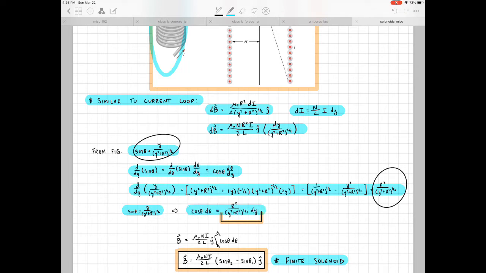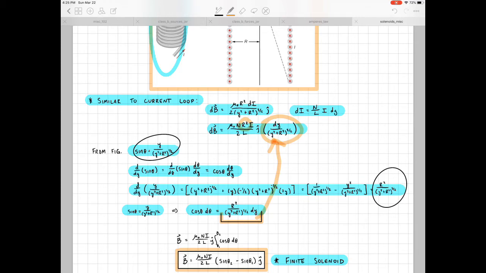And the reason we want to do that is because if you look at this expression up here, you have all of those terms in that expression, and so I'm going to substitute out for R squared over y squared plus big R squared to the 3 halves dy. I'm going to substitute in cosine theta d theta.